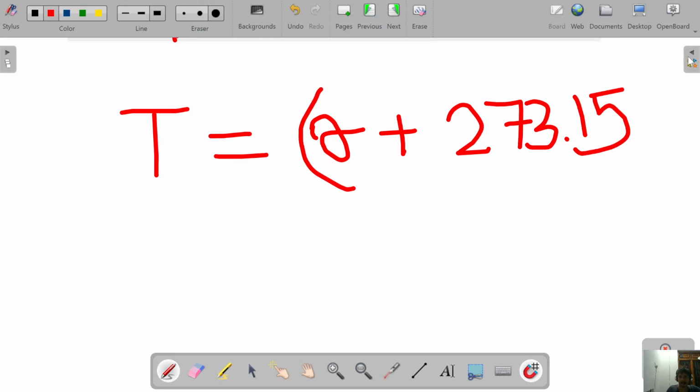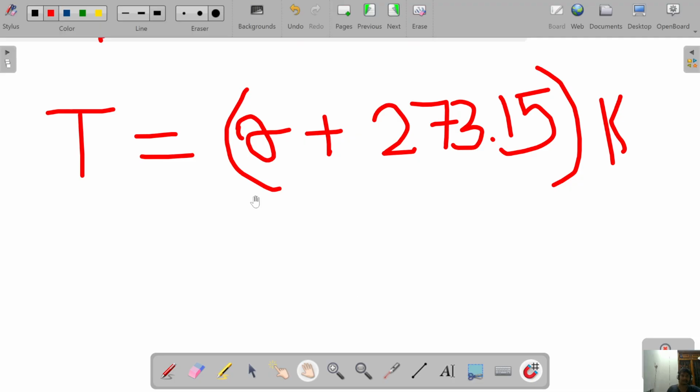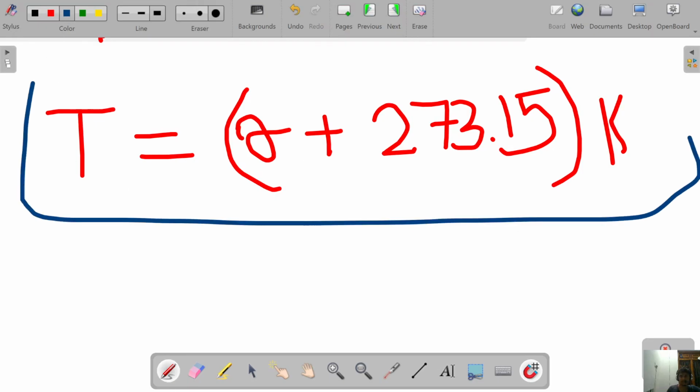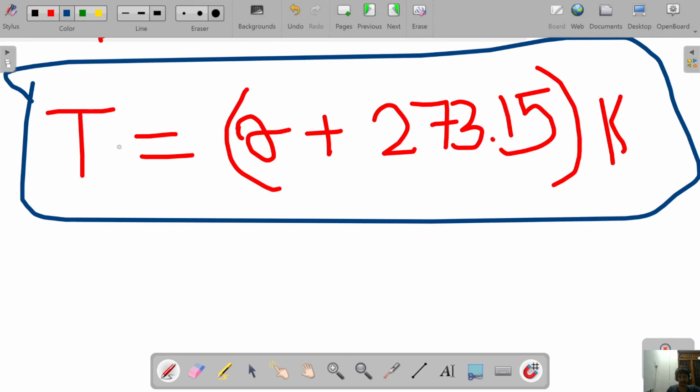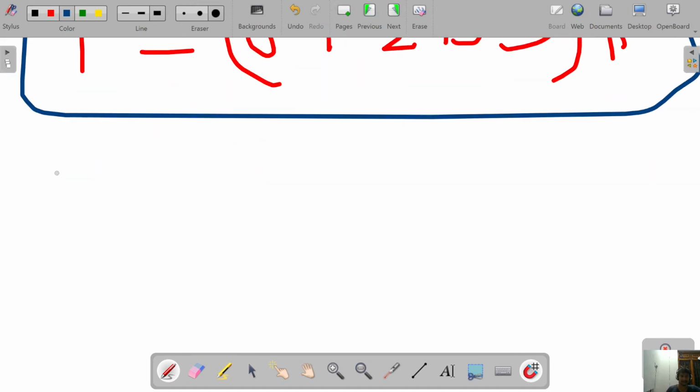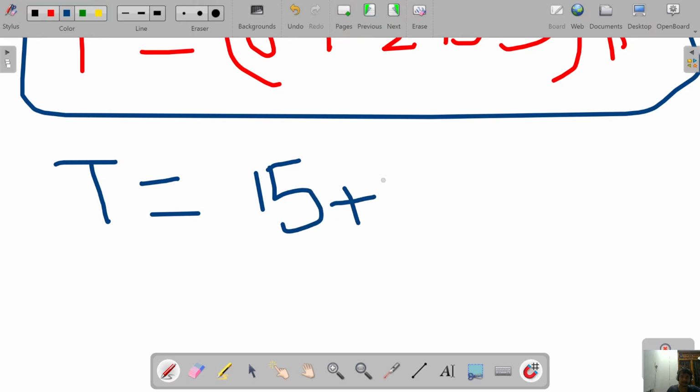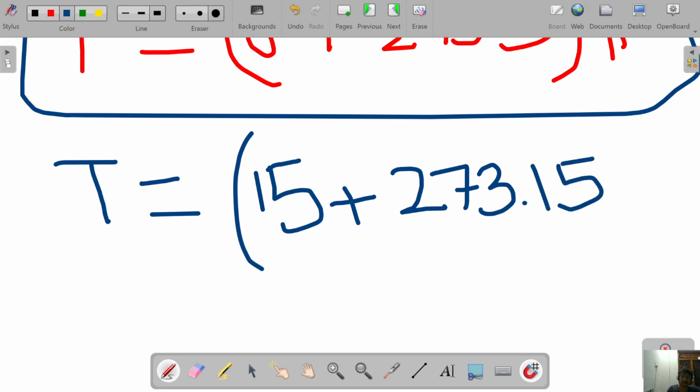T is equal to theta plus 273.15 Kelvin. This is the equation to convert degree Celsius to Kelvin. Therefore, T is equal to 15 plus 273.15 Kelvin.